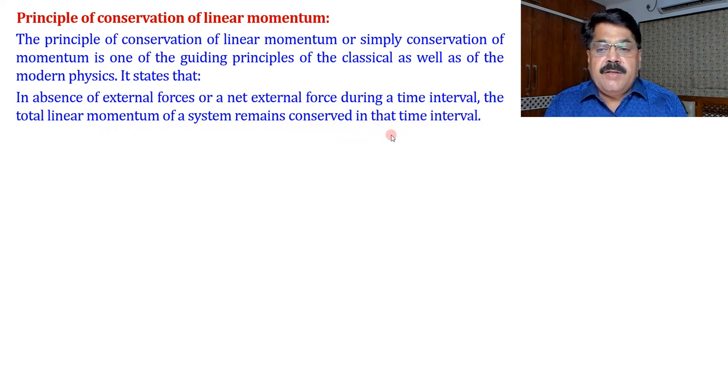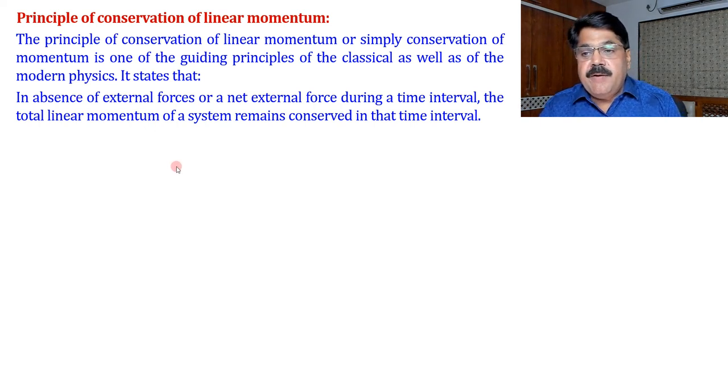So here there are two terms: in the absence of external forces, or a net external force of zero. Of course, several forces may be acting, but if their resultant is zero in a time interval, then in that time interval the total linear momentum of the system remains conserved. What we mean by the term conserved is that total linear momentum must not change with time. It must be a constant.